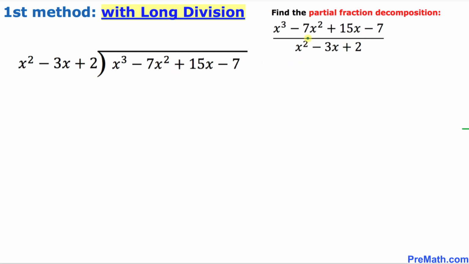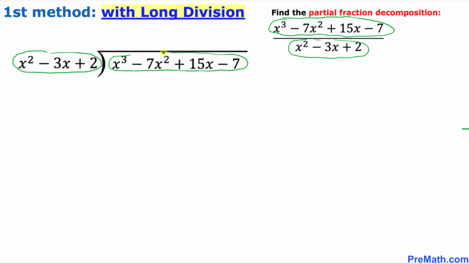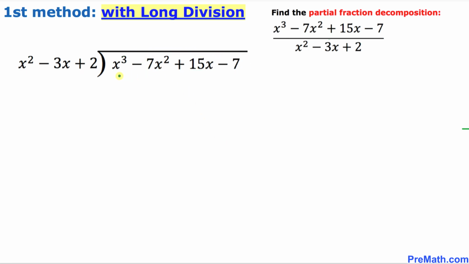As you can see, x squared minus 3x plus 2 is our divisor, and the divisor is going to be outside right up here, and the numerator, x power 3 minus 7x squared plus 15x minus 7, is inside this shelter. It is called the dividend. I'm sure that you are familiar with long division and how to perform it. Anyway, I am going to go slow to show you how we're going to do it.